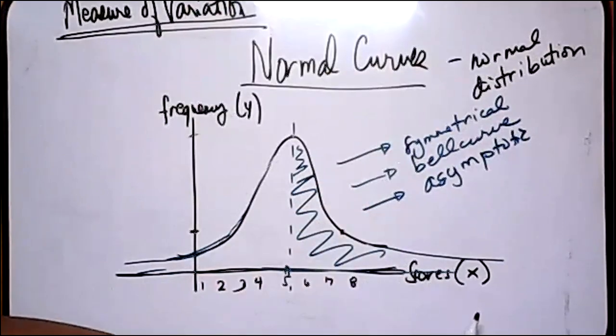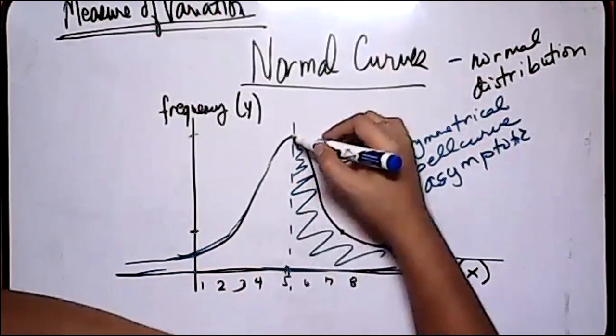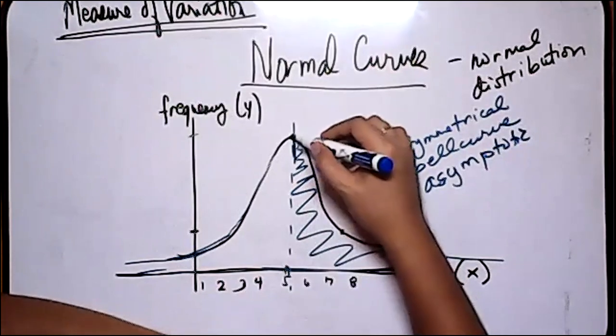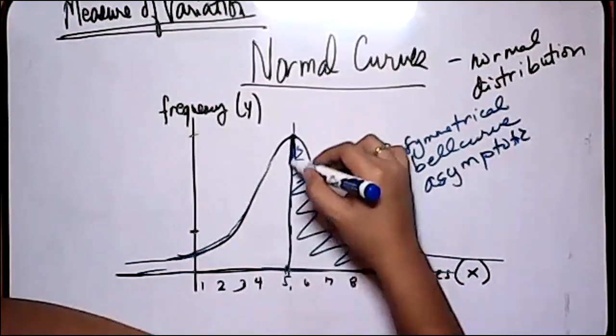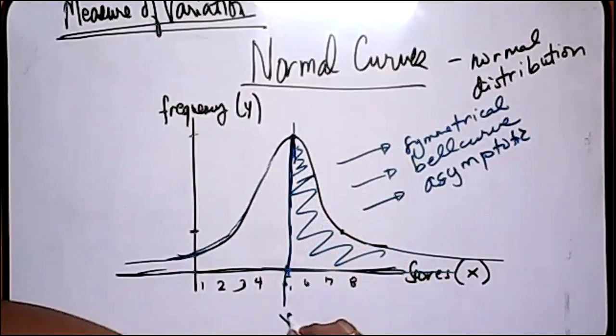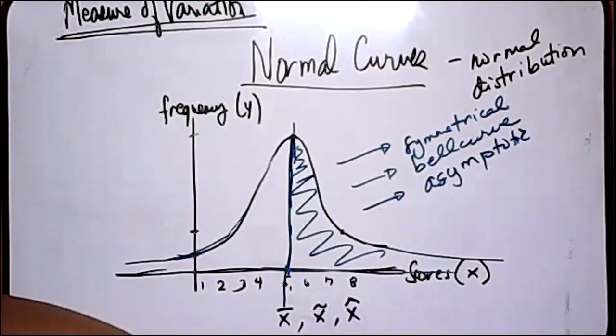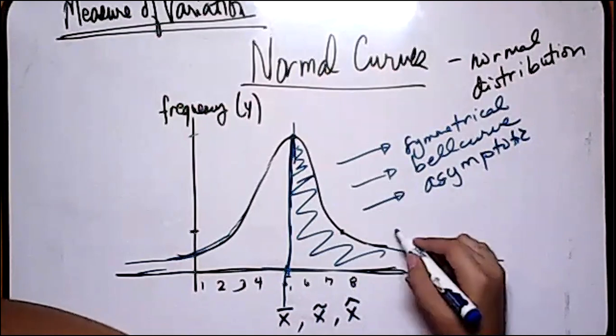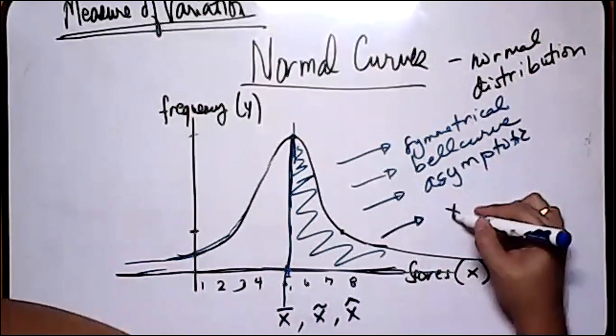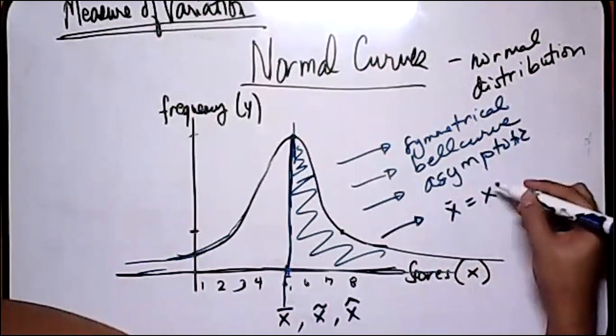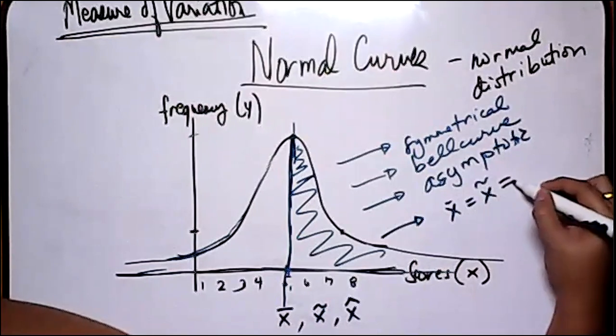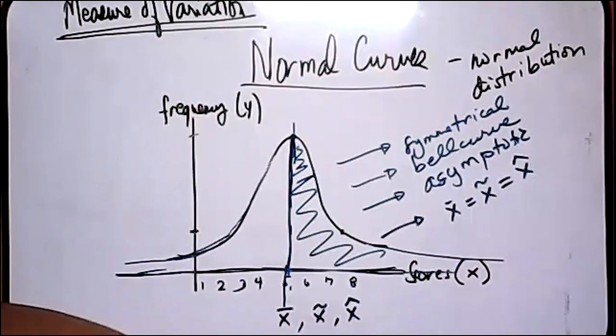Also, itong value na nasa gitna ng curve natin, this represents our mean, our median, and our mode. In the normal curve, when your distribution is normal, it suggests that our mean is equal to the median and it's equal to the mode.